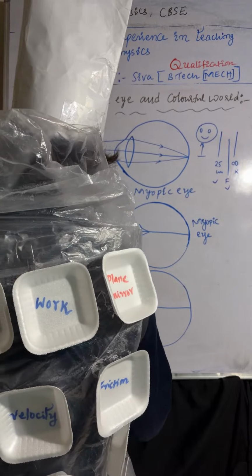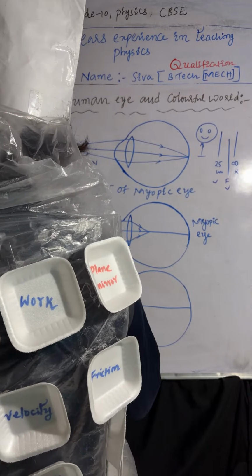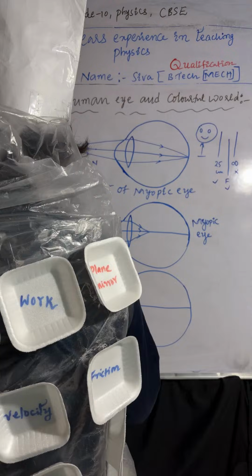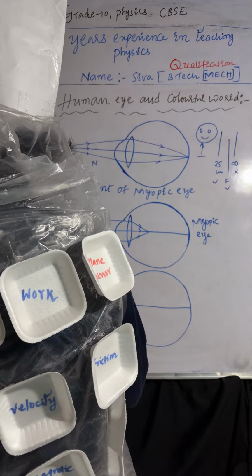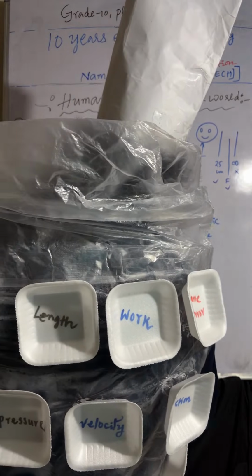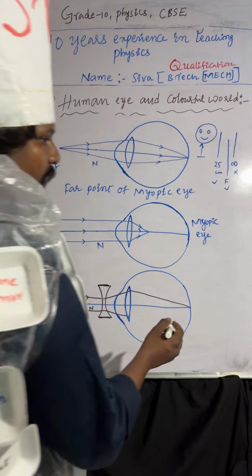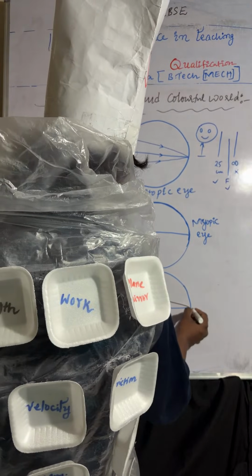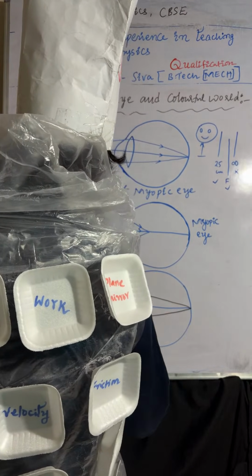When light rays are coming from infinity, those light rays will meet after placing the lens.